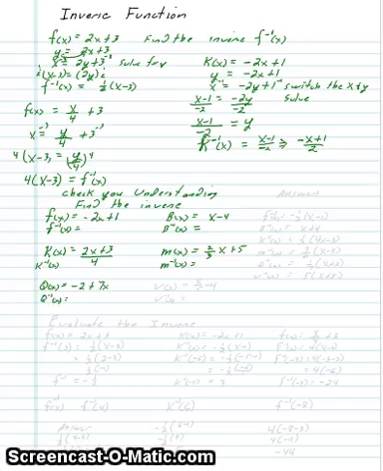So find the inverse. v of x is equal to x over 5 minus 4. So find the inverse. Shut the recording down, work through these 6 problems, then turn the recording back on and check the answers.